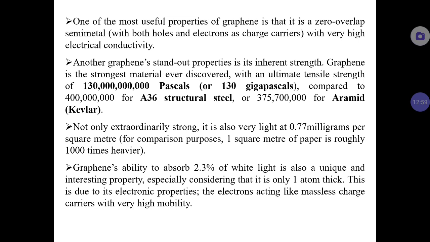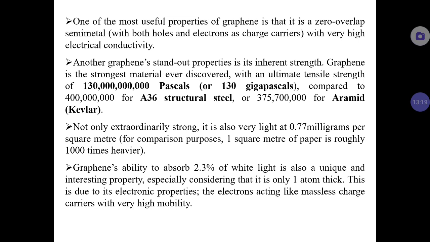it is very lightweight. Graphene has the ability to absorb 2.3 percent of white light, and it is also a unique and interesting property of graphene. White light absorption will not occur in every kind of material.